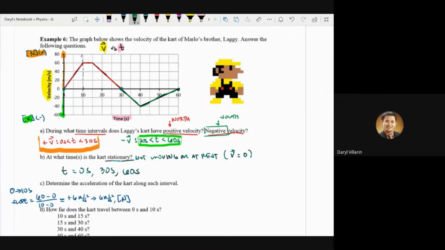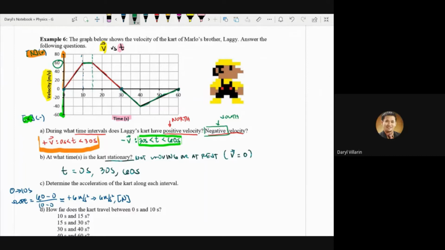Next, how about from 10 to 15? So I'm going to do that one, 10 to 15. From 10 to 15, is it not that you're just creating a straight line? And the value of that is 60. So that means the delta V in this particular case does not change.